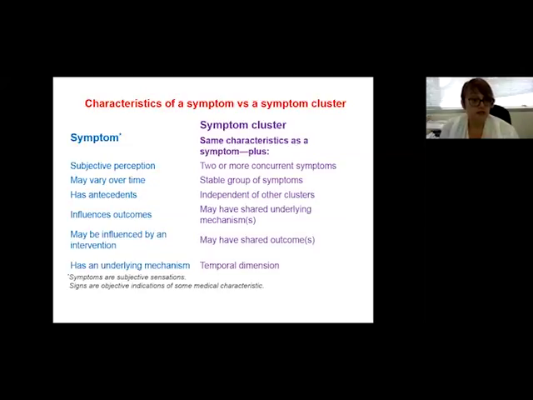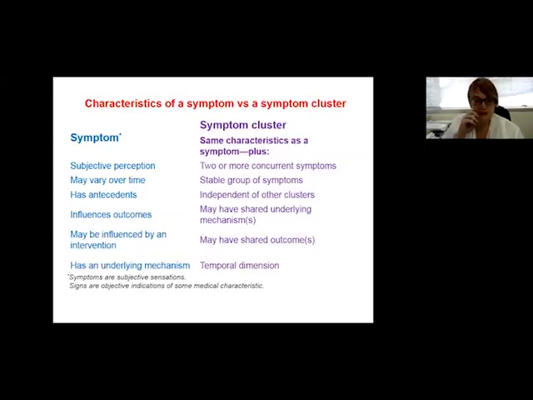They may be influenced by an intervention. So, for example, with pain, you give some analgesia to alleviate the pain. And often there's an underlying mechanism. So in cancer or in renal failure or in heart failure, often the symptom is associated with some physiological reason. So these are very subjective.